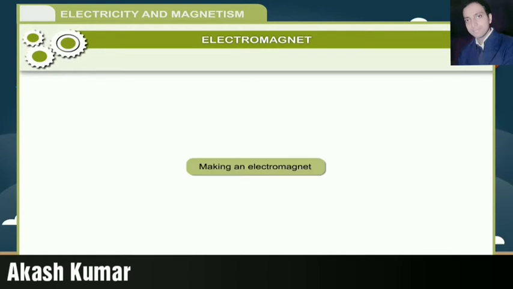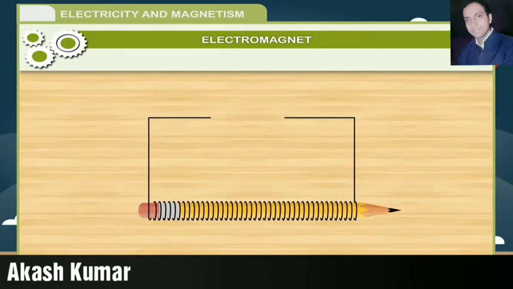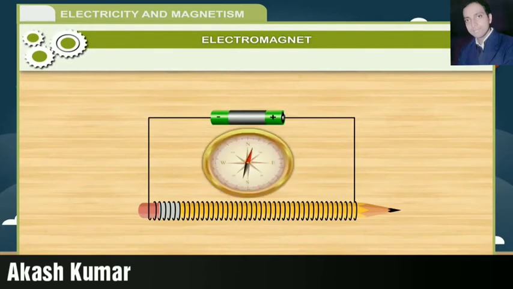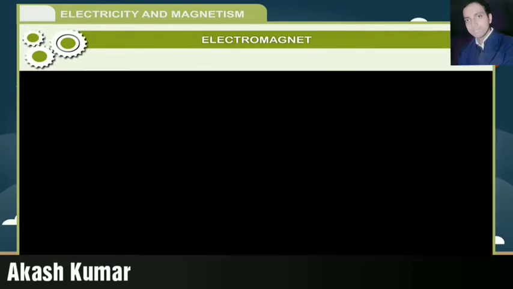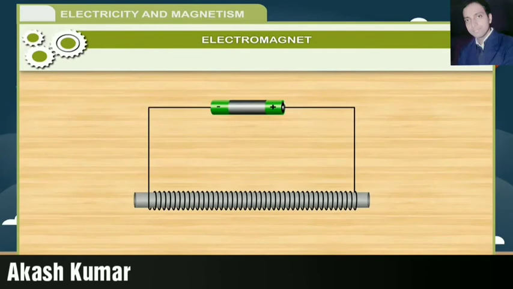Activity. Making an electromagnet. Wind the wire tightly and uniformly around the pencil. Connect both ends of the battery to the wire. This electromagnet will be strong enough to affect a compass needle, but too weak to attract anything. Replace the pencil with an iron nail.